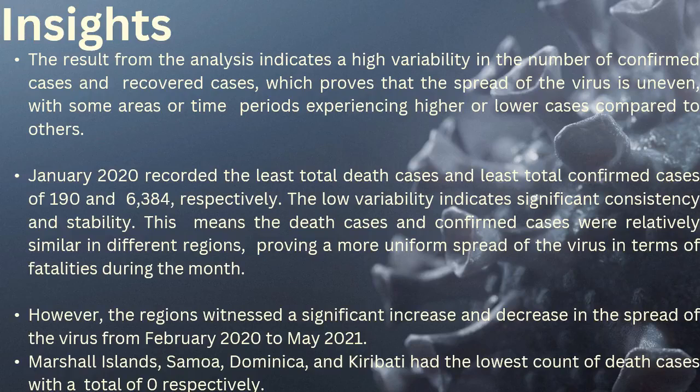Now, few regions witnessed significant increase and decrease in the spread of virus from February 2020 to May 2021, and some islands like Marshall Islands, Samoa, Dominica, and Kiribati had the lowest count of death cases with a total of 0 respectively.